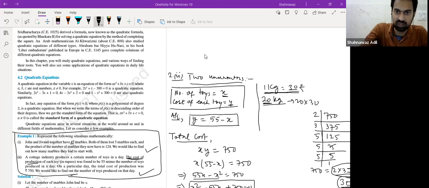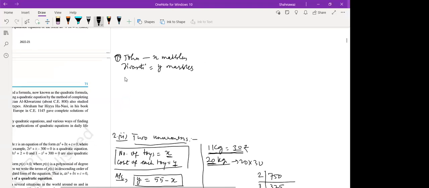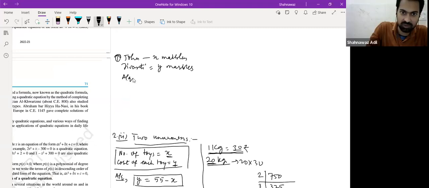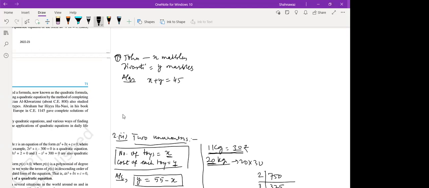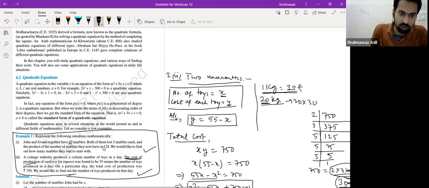So what would be the equation? X plus Y equals 45. Absolutely right. Yes. So I will do this first question, and then in the other class we would be doing the recap, right? So x plus y is 45, and what is the second equation? Both of them lost 5 marbles each, right?